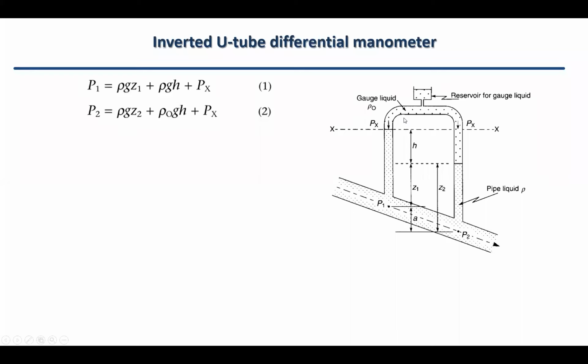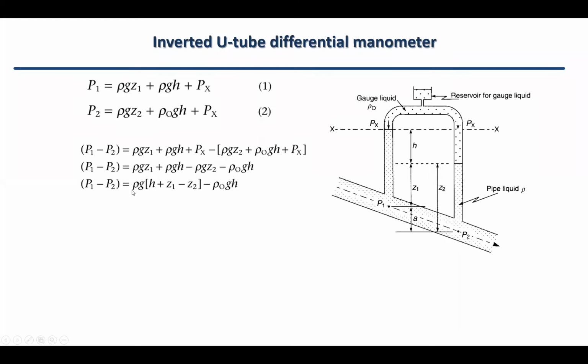So in this case, the upper liquid is not air. Sorry, we have oil here. So once you have the oil here, you cannot remove this one. If we take the difference, rho A is replaced with rho oil in here.